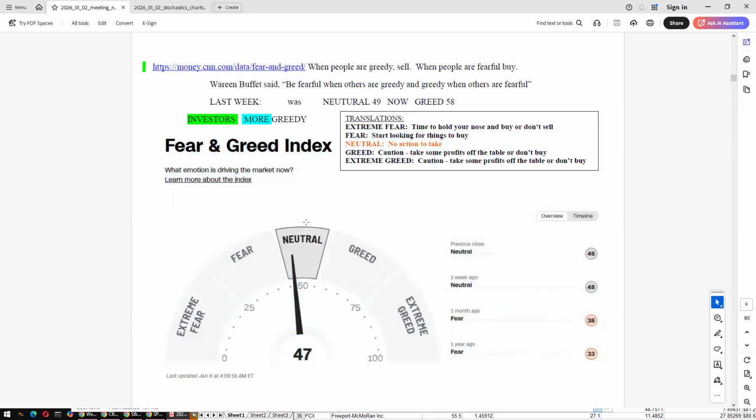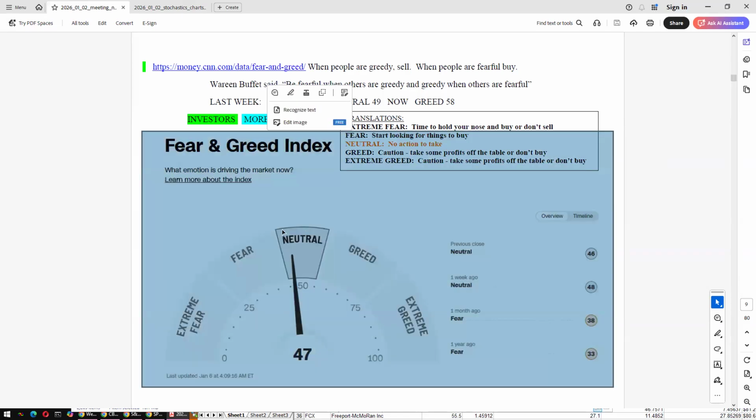We just came out of a fearful time. Our translation is, when people are extremely fearful, it's time to hold your nose and buy and don't sell. So you have to be a contrarian investor. When people are extremely greedy, you want to take some caution, take some profits off the table, or don't buy. All right, so right now we're neutral.